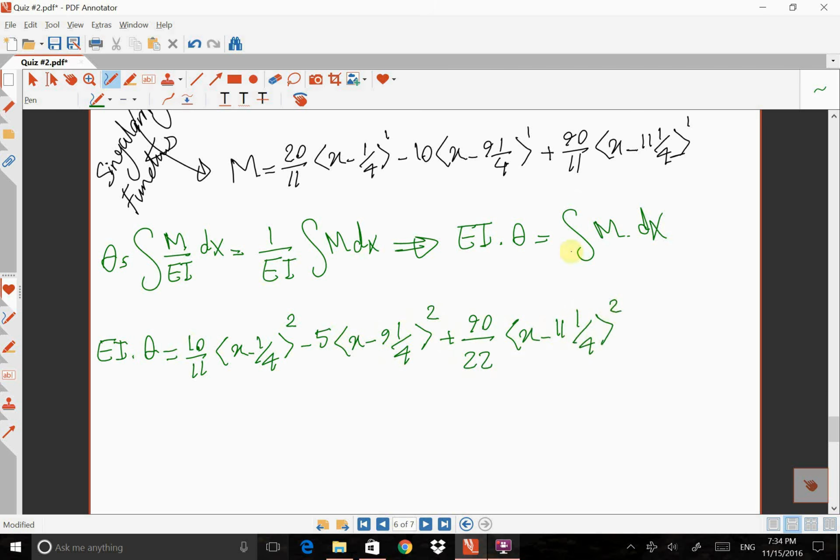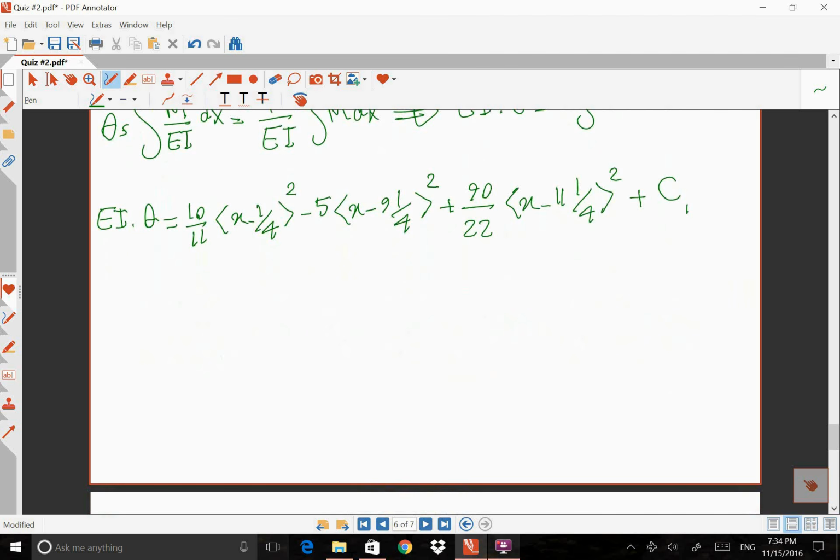And because we are doing an indefinite integral here, we should consider a constant like c1. Okay, so if I want to find theta here, I can just put this EI as a denominator for this big term.